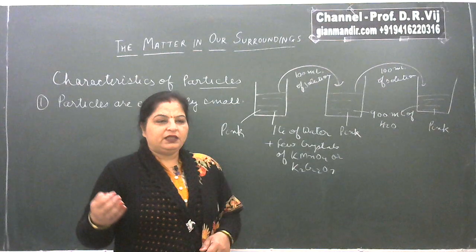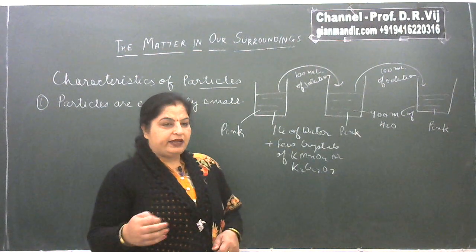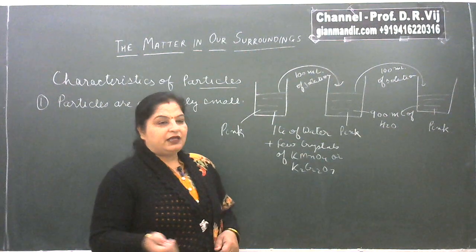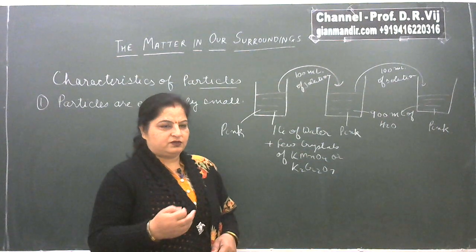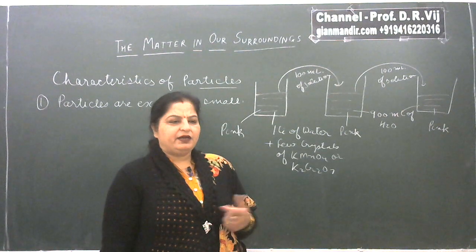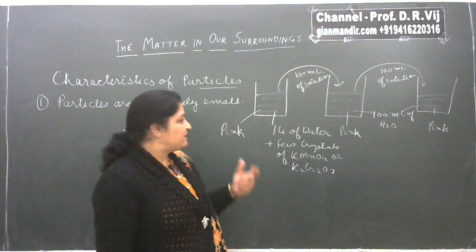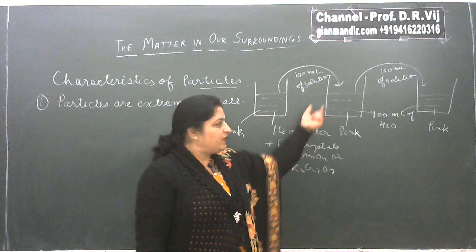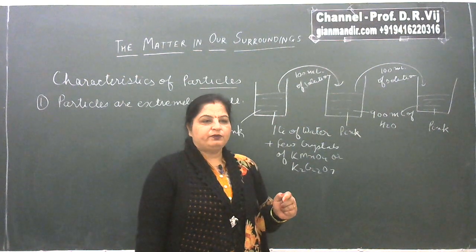You keep on repeating the same activity, maybe 4 or 5 or 6 times, and you will observe that every time the solution in the beaker becomes pink in color. Maybe the intensity of the pink color is a little less. It is possible that the first solution was very dark pink, another was light pink, another one even lighter pink, but every time you get the solution colored.